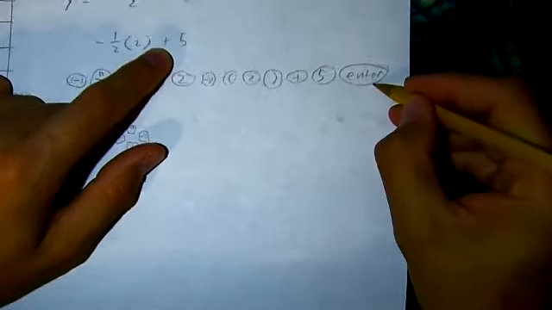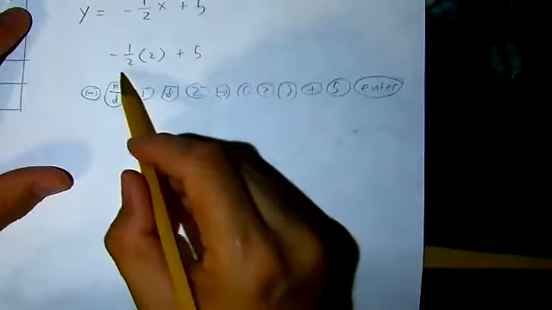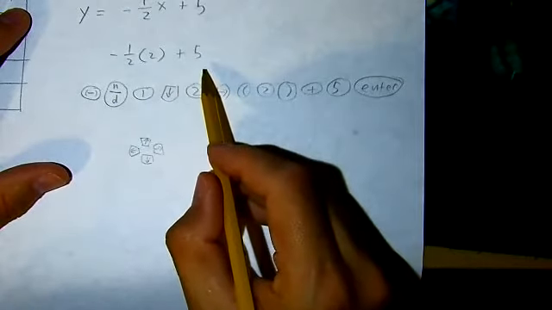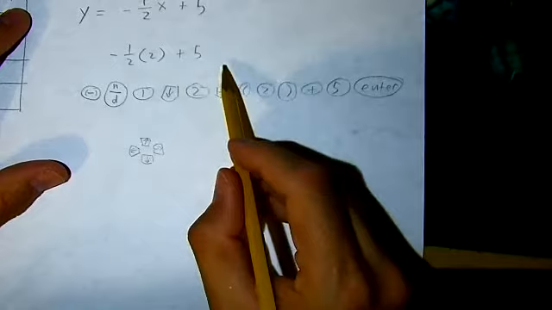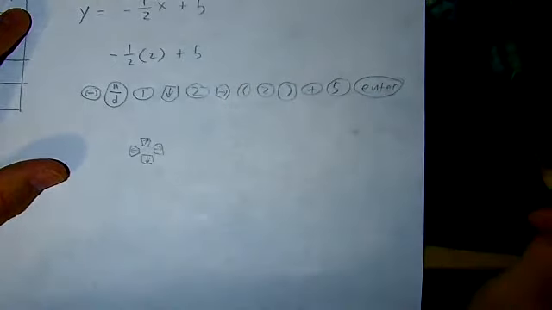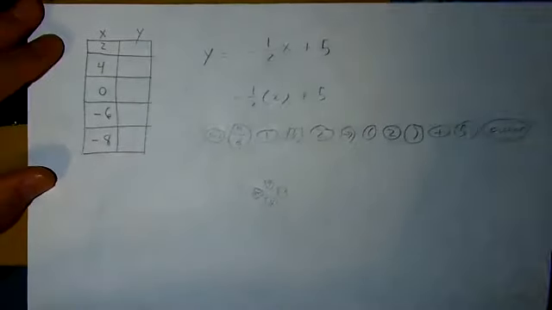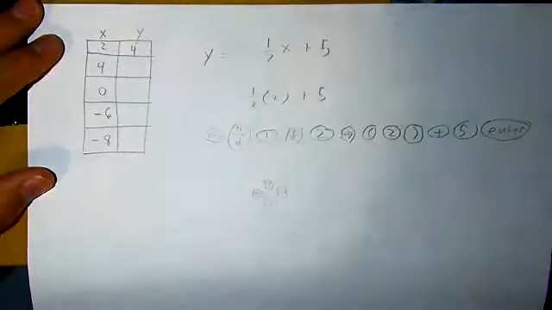Before you hit enter, make sure on the TI-30XS, your calculator screen should look exactly like this right here. If it doesn't look exactly like that, then you've hit a button wrong somewhere. So once you hit enter, it should have given you 4 as an answer.